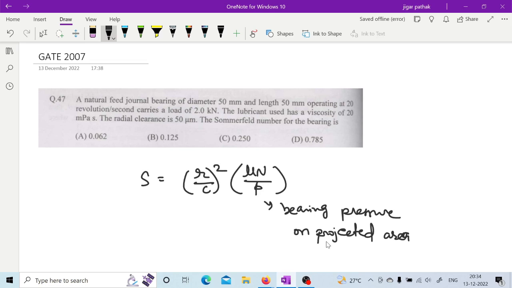Then n is the number of revolutions per second. Then mu, you know, is the viscosity. And C is the radial clearance. R is the radius of the journal.